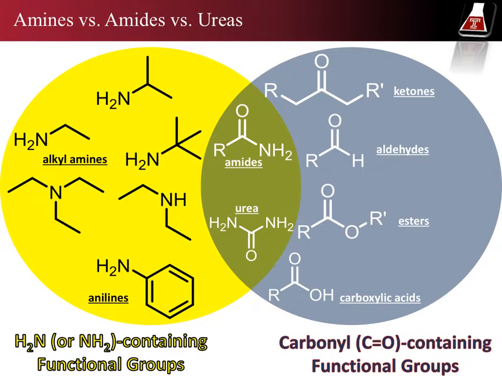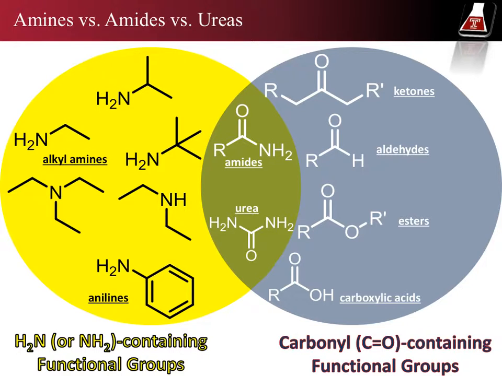Here we have a very similar Venn diagram where we take the yellow circle, which contains NH or NH2 groups, and combine them with the blue circle, which is, again, carbonyl containing functional groups. So again, I said NH2 or NH groups.